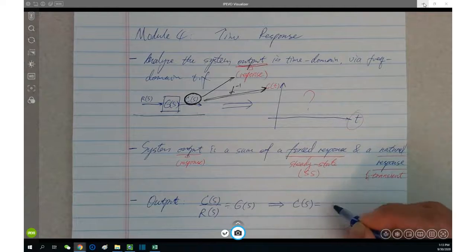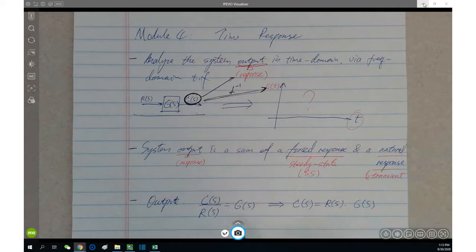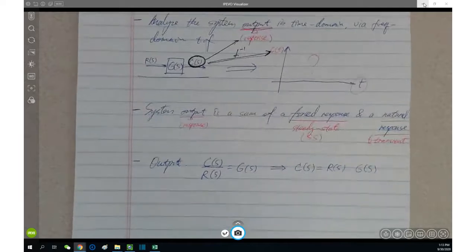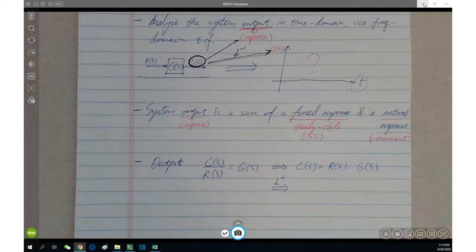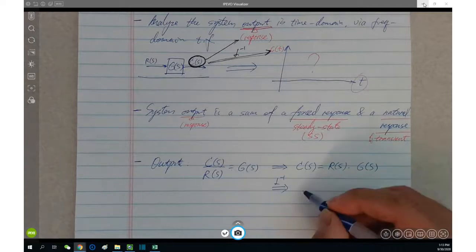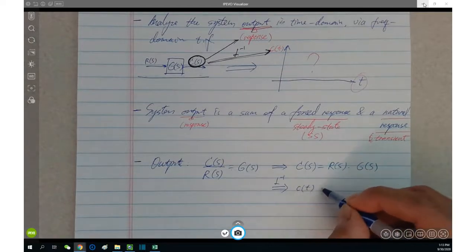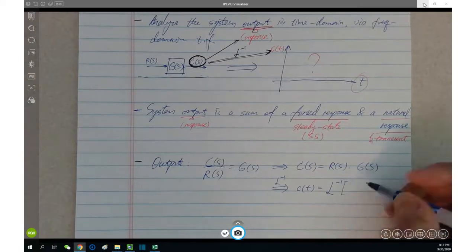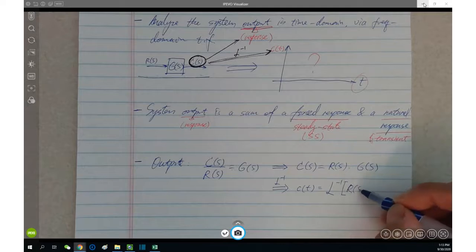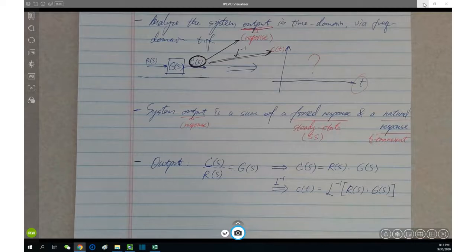As I said, output just equals input times the system transfer function, right? It's very straightforward. And from here, what can we do? Like Sawyer mentioned, we apply the inverse Laplace transform. You get lowercase c of t, which means you're going to apply the inverse Laplace transform onto the product between G and R. Does it make sense?